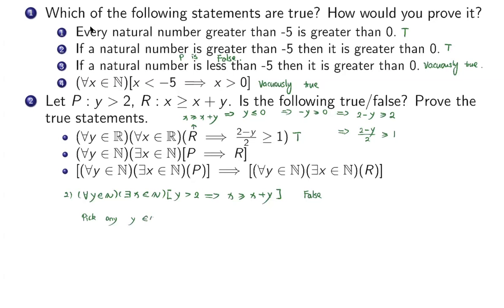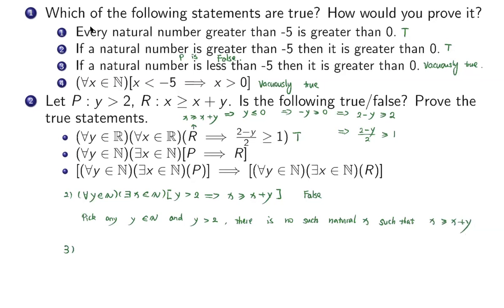Pick any y in natural number and y is greater than 2, there is no such natural x such that x is greater than or equal to x plus y.